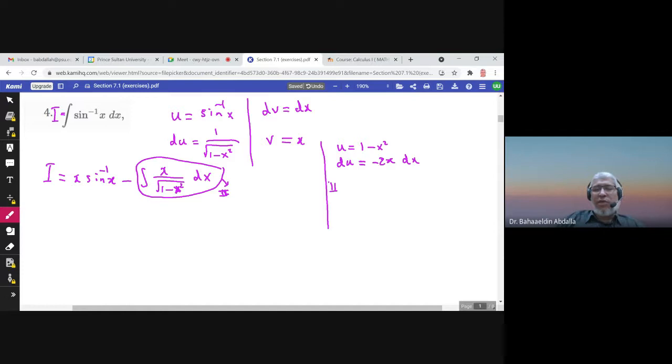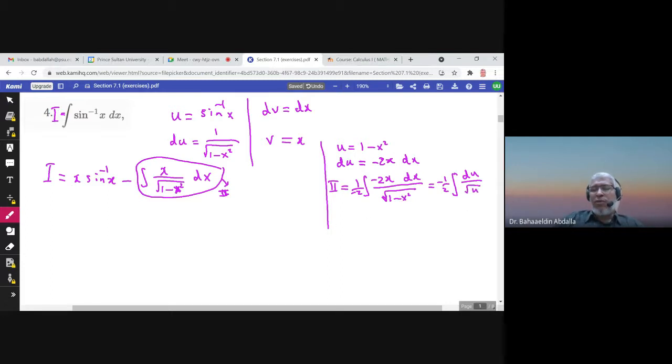So now in the integral I have already x, but I need negative 2x. So I multiply by negative 2 and divide by negative 2 outside, times dx over square root of 1 minus x squared. Well, this would be negative half times the integral of negative 2x dx, which is just du, over square root of u.